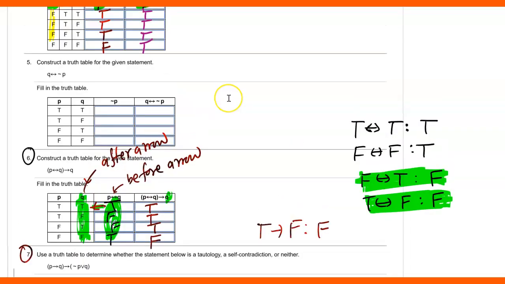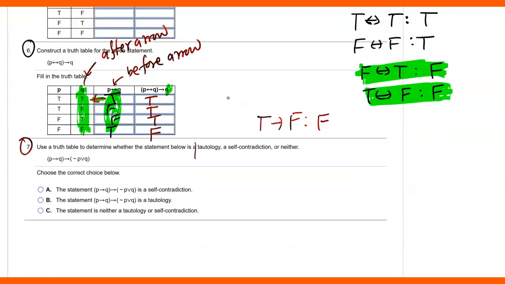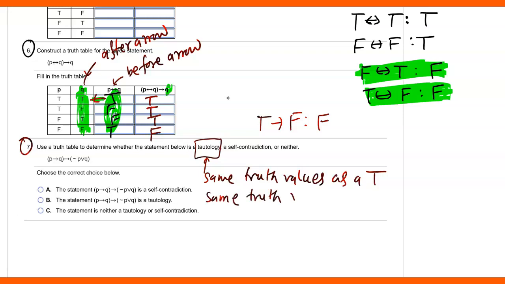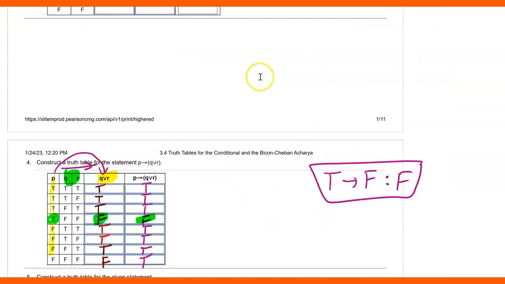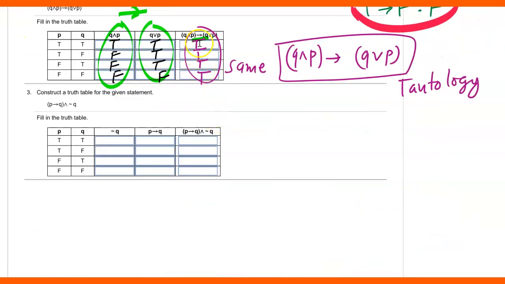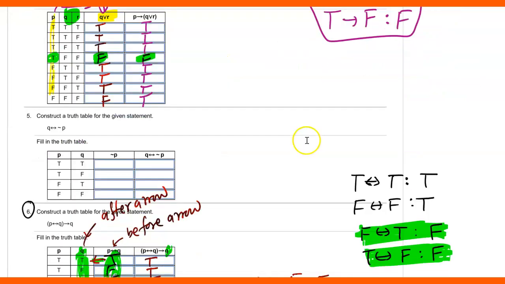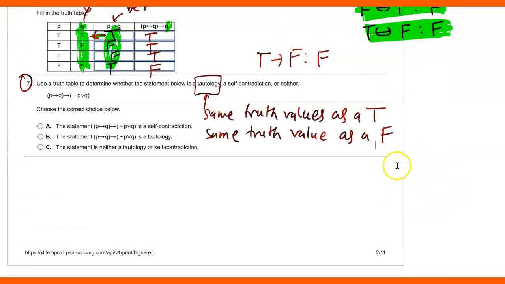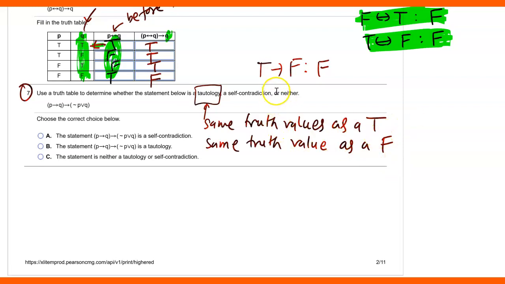Tautology is the same truth value as a T. Self-contradiction is the same truth value as a F. In other words, like I said before, if you get T, T, T, T, that is called tautology. If you get F, F, F, F, that is called self-contradiction. If none of those happens, that is called neither.